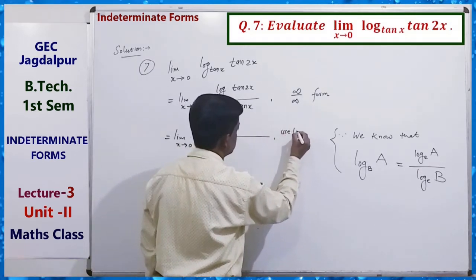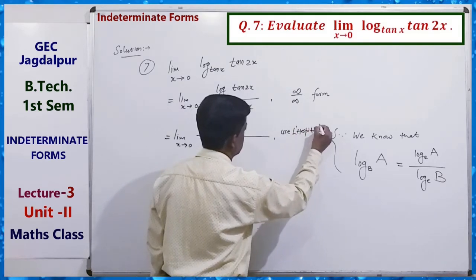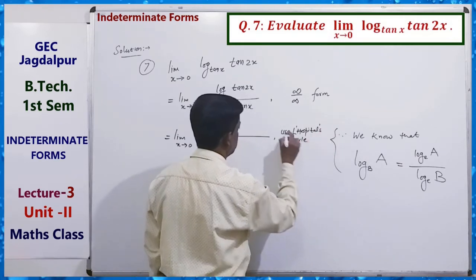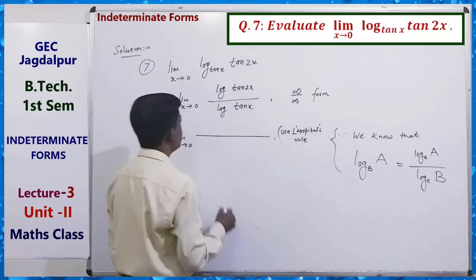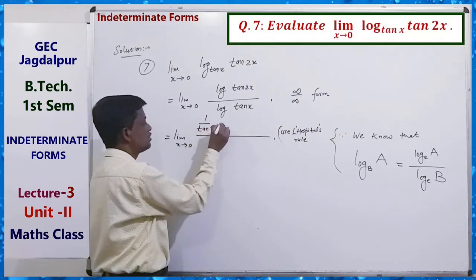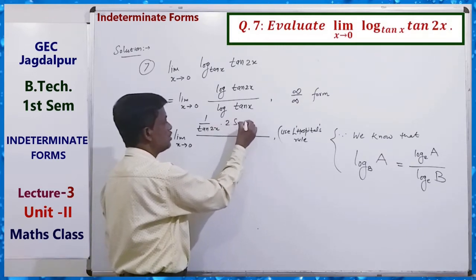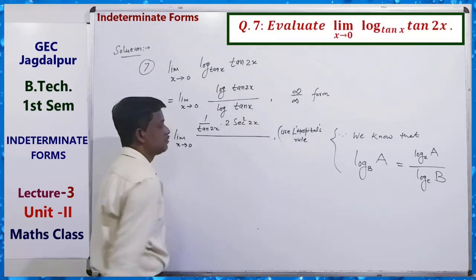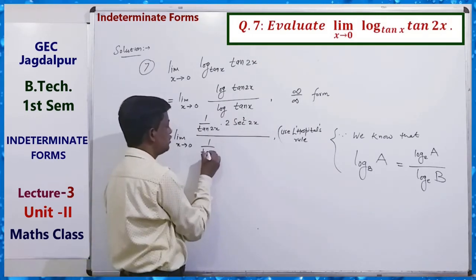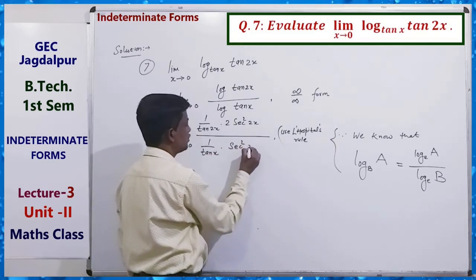Just differentiate 1 upon 10x into 2 sec square 2x, upon here also 1 by 10x sec square x.